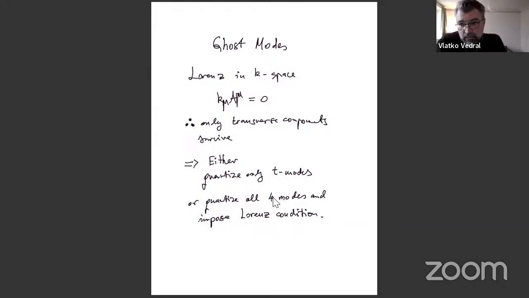Whereas the other approach, and these are the two extremes, obviously, there are all other gauges in between these two extremes, so to speak. The other one would be to say, well, we should quantize them all. They seem to be present in this kind of formulation at the same time. But what we then must be able to do is implement this Lorentz gauge condition.